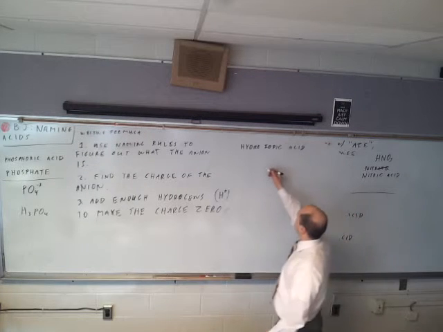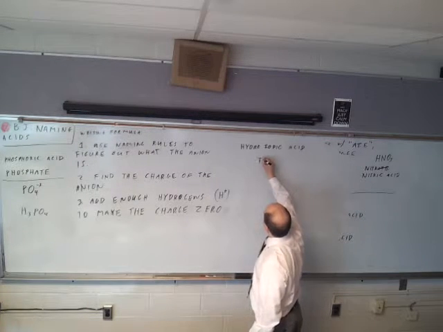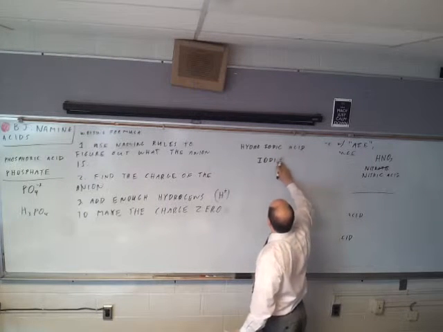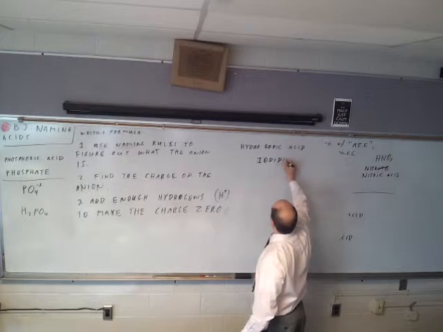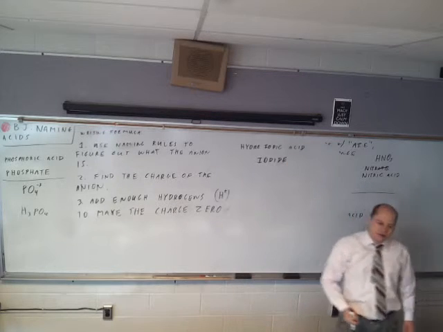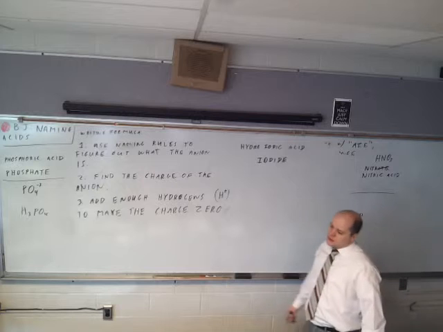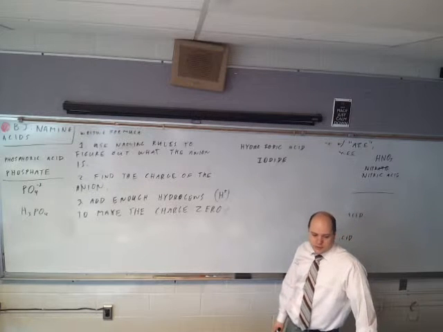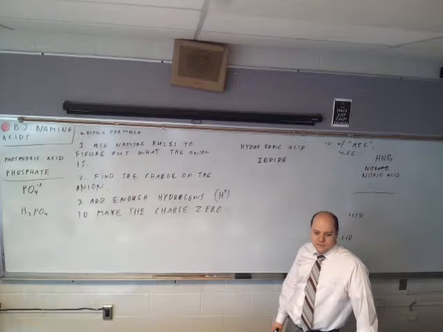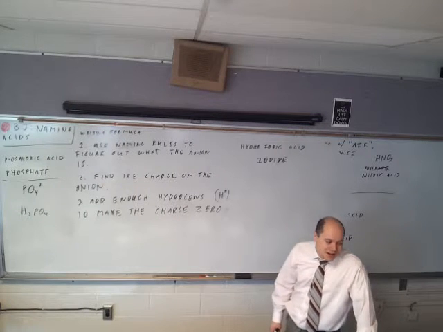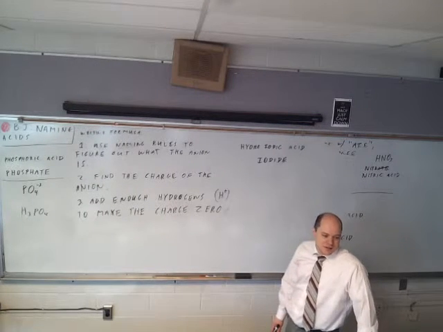Iodide. It's iodine on the periodic table, but since it's an ion, we'll call it iodide. What is the charge of an iodide ion? It's 1, 2, or 3, just guess. Wait till I tell you the answer. It's -1.